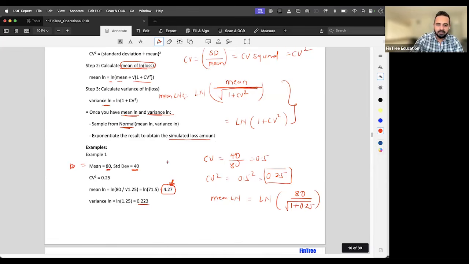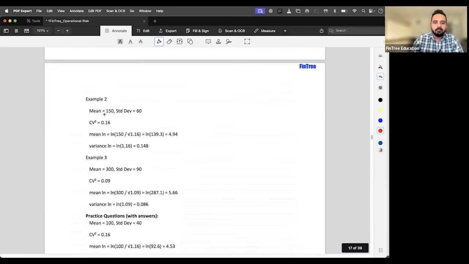Okay, let's do one more example. Now here we have a mean of 150, standard deviation of 60. So let's do 60 divided by 150 squared, we're getting 0.16. Let's calculate the mean.